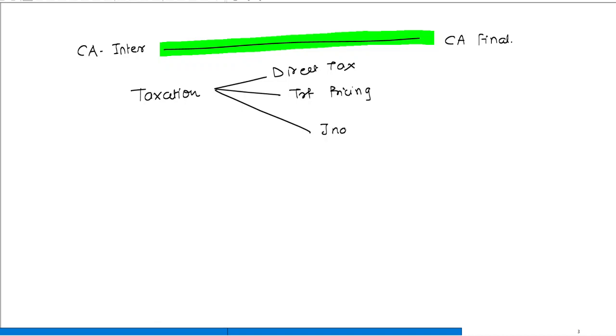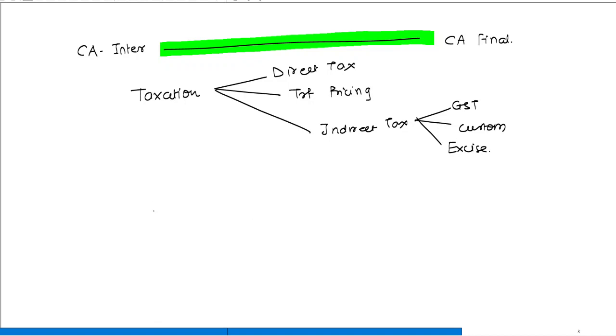Like taxation: some of you might have done the articleship in taxation, and within that, some might have done only direct tax. Some might have done the articleship in transfer pricing. Some in indirect taxes, and in indirect taxes also in the precise area of GST and customs, or some might have done the articleship in the field of excise also.